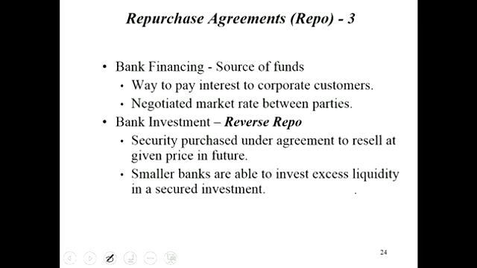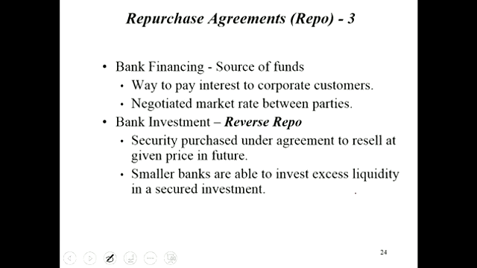If it starts with a sale, then it's a straight repo. If it starts with a purchase initiated by the purchaser, then that's a reverse repo. So in this case, it was initiated by A, so that's an ordinary repo. If it was initiated by B, then it's actually a reverse repo.